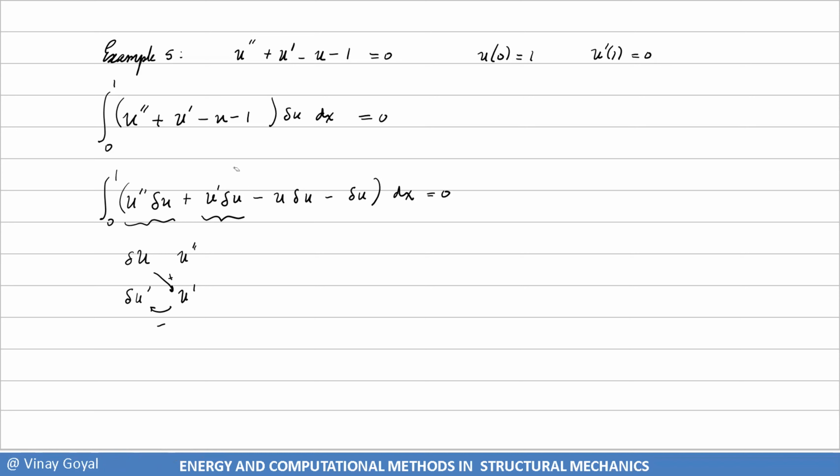And so if you use the test that I demonstrated for you, whether you have an adjoint or not, a self-adjoint or not, you'll find the self-adjoint test for this problem will fail.